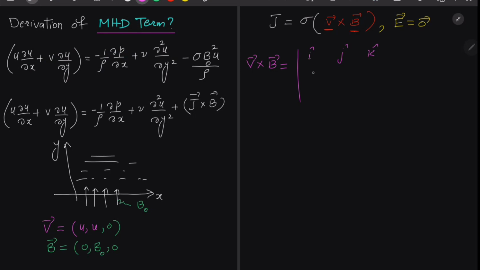From here, we can see that we get a value only from the k component, and this is B naught u.